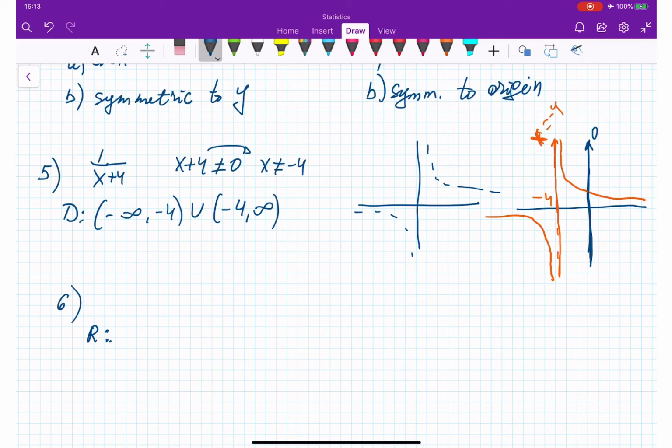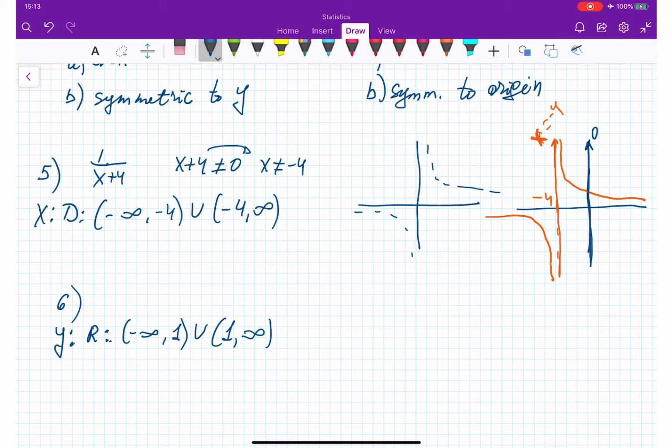Range is going to be from negative infinity to 1 and 1 to positive infinity. Remember, range is our y. So when we have domain, domain is our x and range is our y.